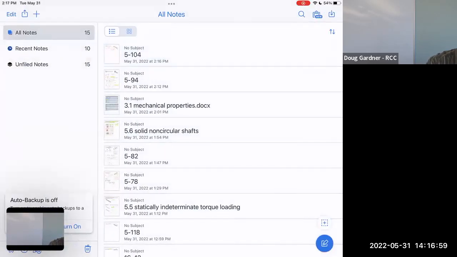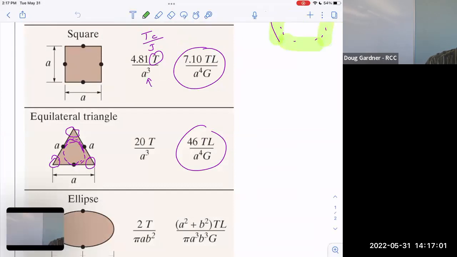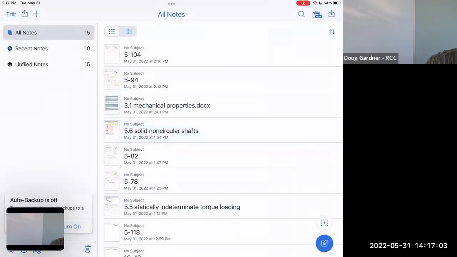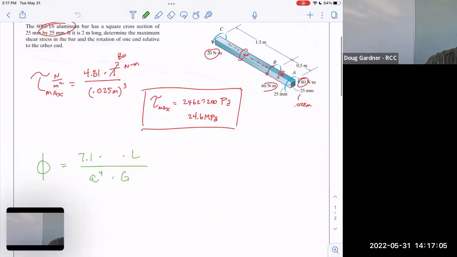I already forgot what it was. T, the torque. How did you not know it was torque? And you just get the torque and the length and find out which of the two is bigger and then use that as the max.